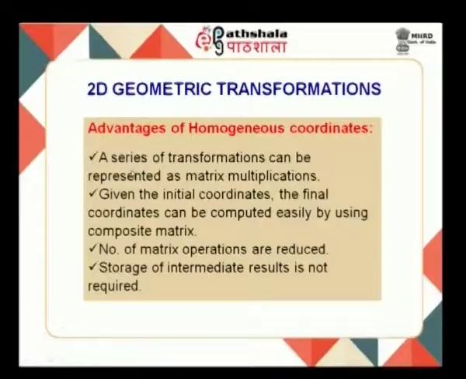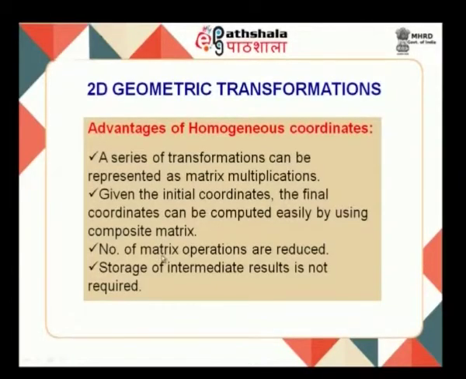That is the first statement: a series of transformations can be represented as matrix multiplication. So, T R S T, if you have to perform, you just multiply them, T into R into S into T. It is as simple as that in the homogeneous system, and given the initial coordinates, you get straight away the final coordinates by compositing this series of transformations.